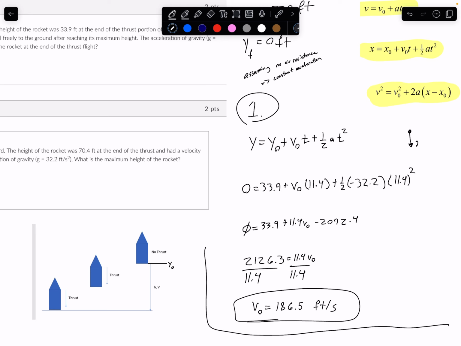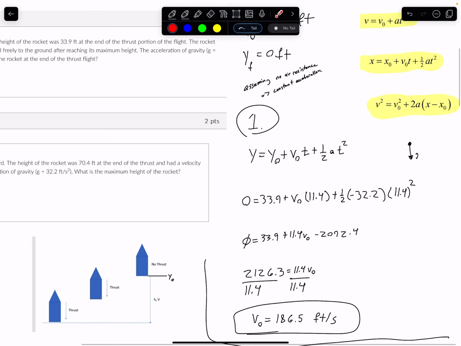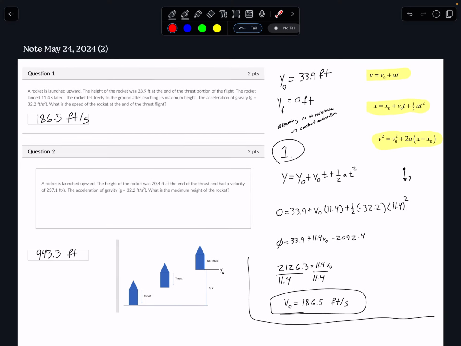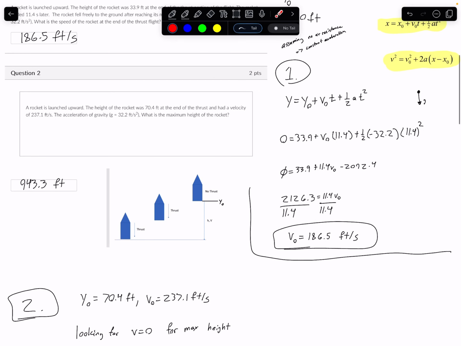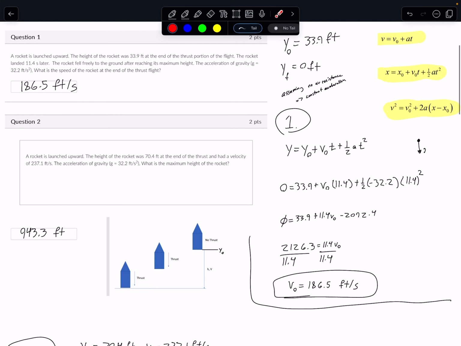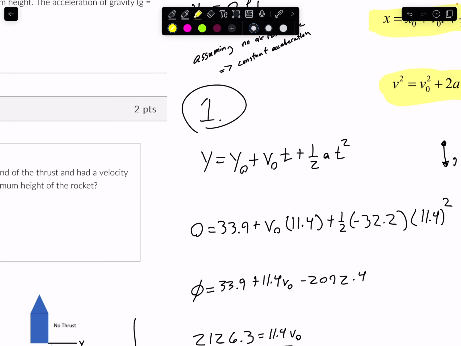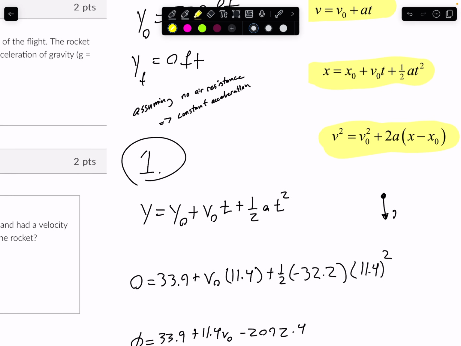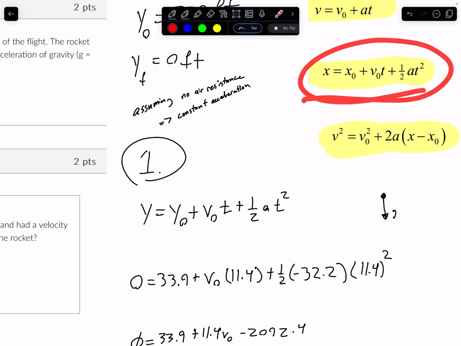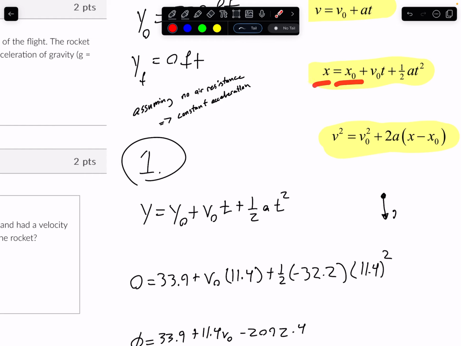Assuming constant acceleration, this is fairly simple. We are given the time already, and with this second kinematic equation, which can be used for x or y, you just have to make sure you change things out.